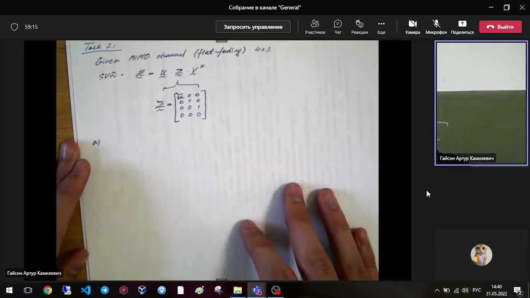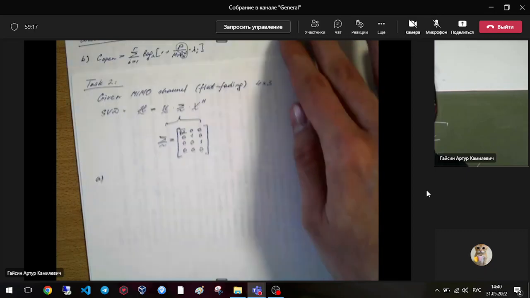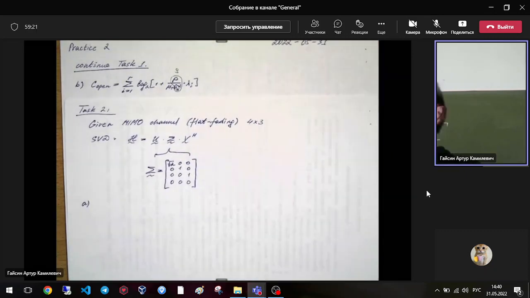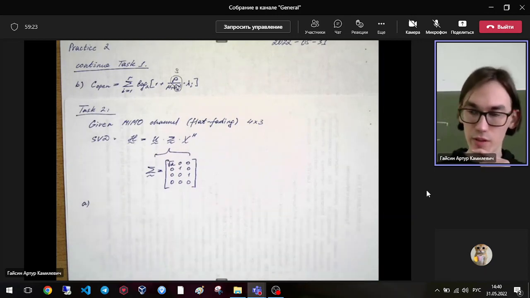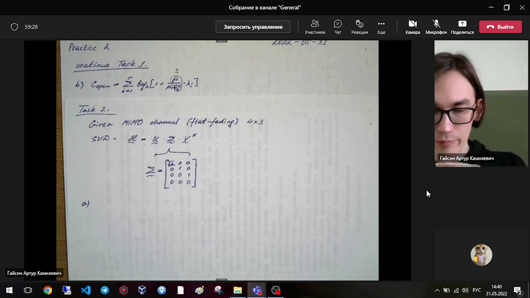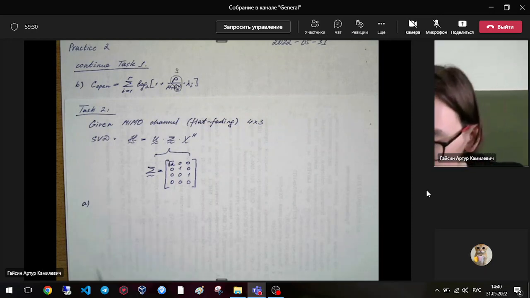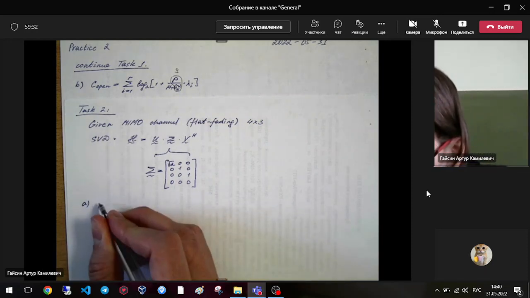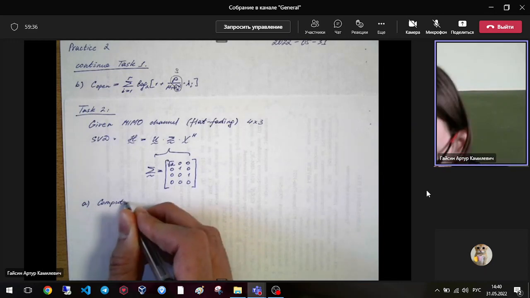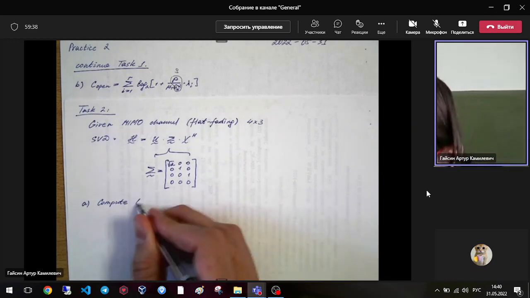So of course, you should use this formula for open loop capacity. But how can we do it using this sigma matrix? So compute the open loop capacity.